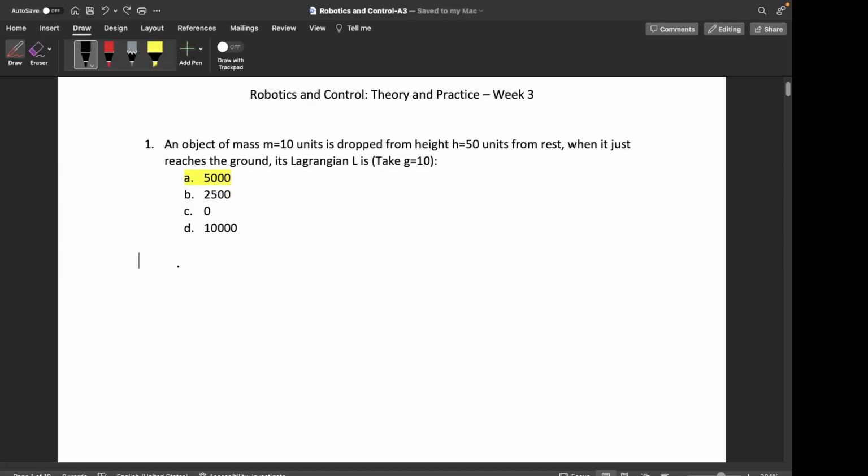So Lagrangian, as you know, can be written as L is equal to K minus P, where K is the kinetic energy and P is the potential energy of the system. In this case, we have a mass which is being dropped from a given height, and we have to find the value of the Lagrangian at the moment when it hits the ground.